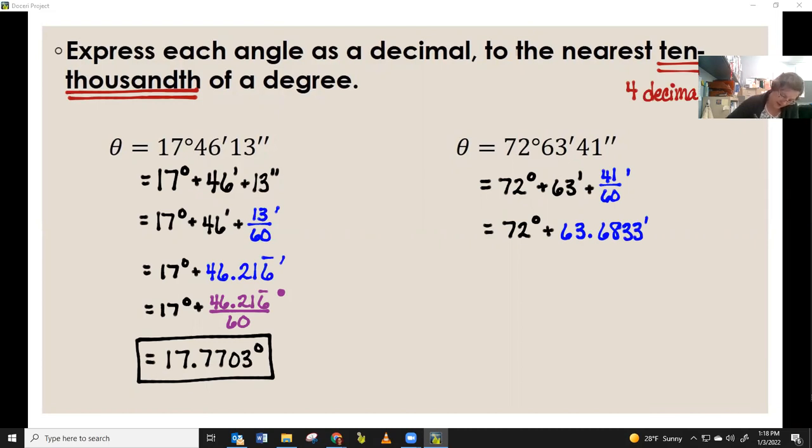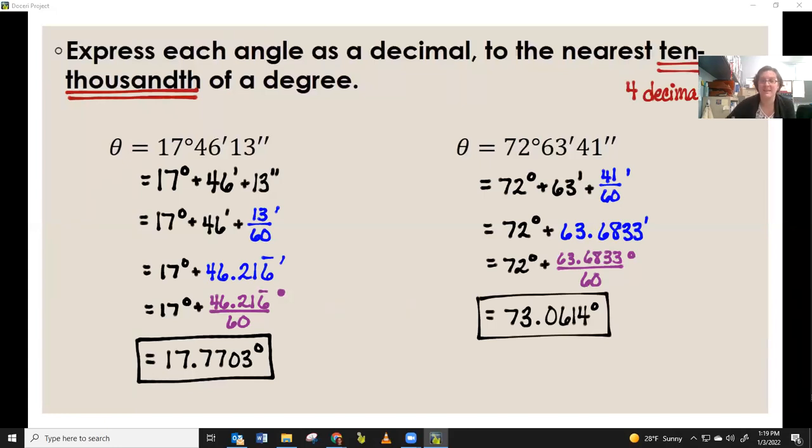We take that and divide it by 60 and add it to 72 to change it back into just solidly degrees, and we get 73.0614 degrees. If that's not what you got, I hope that you guys were able to find or pick out where your mistake happened. All right.